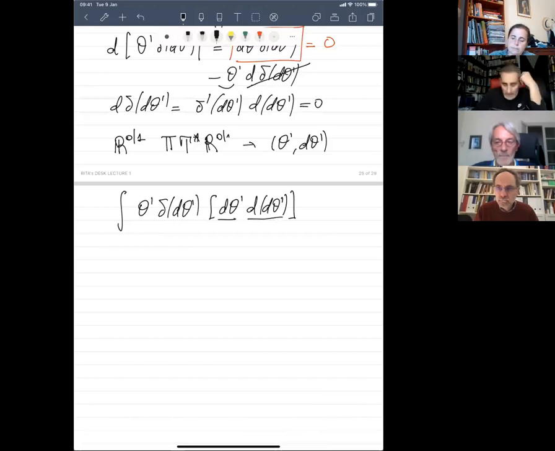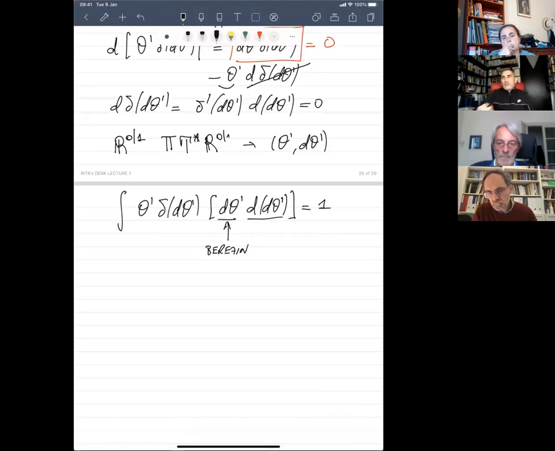Okay. So then if I have to do this integral, the first integral here is just the Berezin integral. Berezin integral means I get just 1, because it's theta 1, d theta 1. The Berezin integral of one coordinate is just 1. And then here I have the integral of delta functions. By integral of delta function, everything gives 1, which is the usual integral.